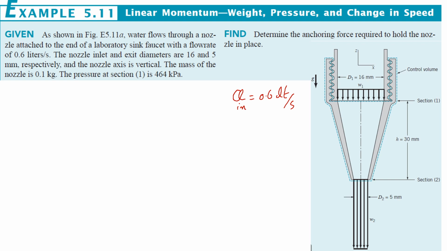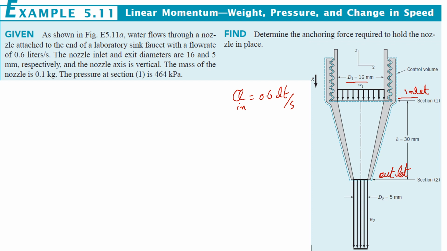The nozzle inlet and exit diameters are 16 and 5 mm respectively. This is the inlet, and as you see, the diameter at the inlet is 16 mm. So this will be our inlet, flow through our inlet, and this is our outlet, because they will be considered later when we talk about our control surfaces.